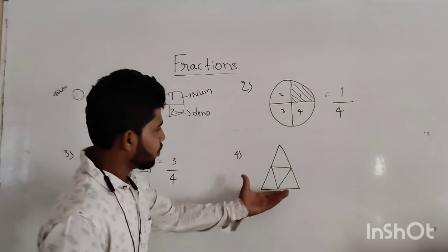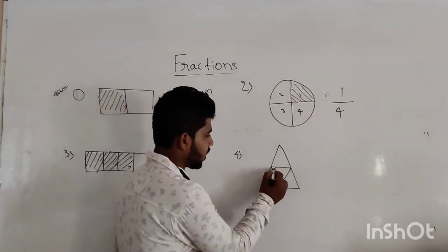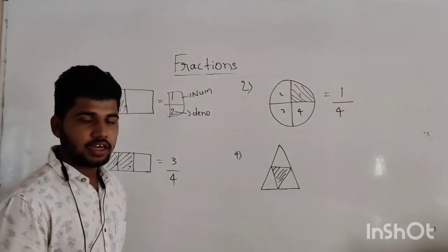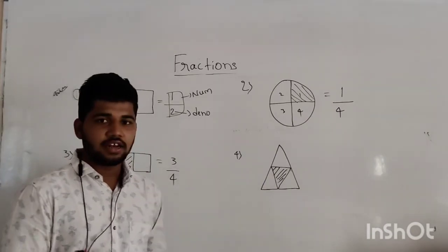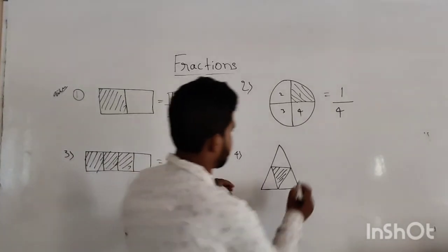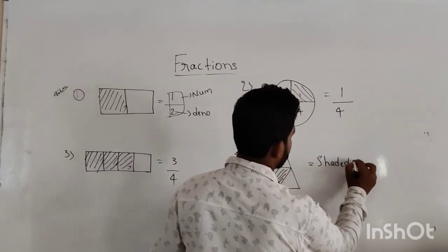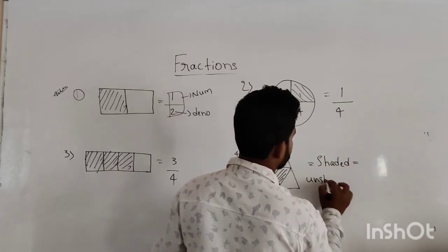And one triangle is present. In the triangle, one shaded part is present. How to express the shaded part in fraction form? Shaded and unshaded.